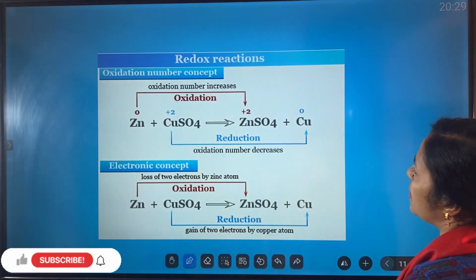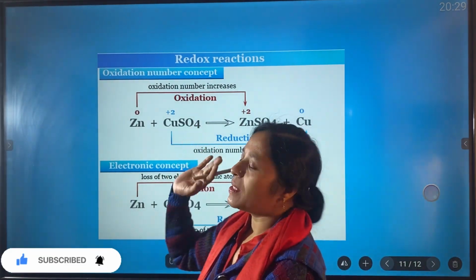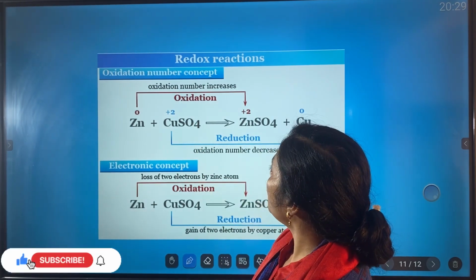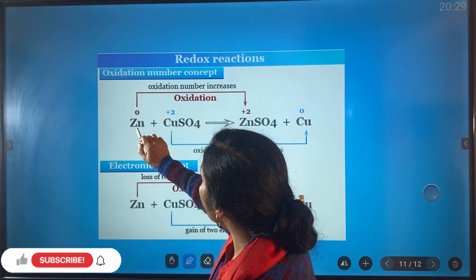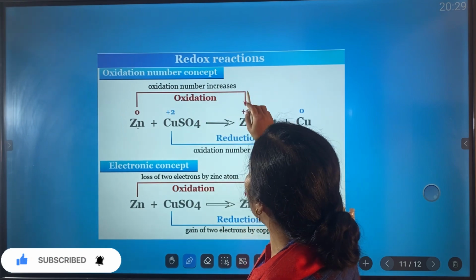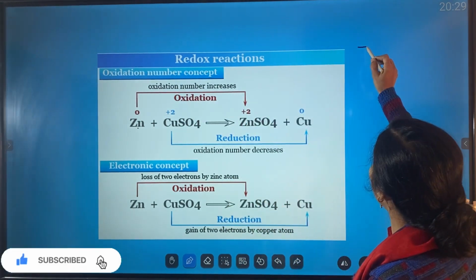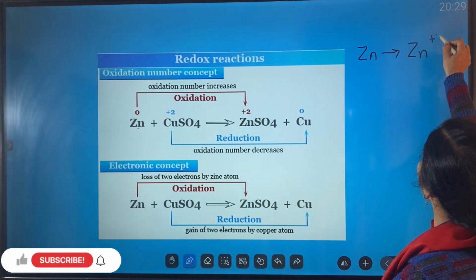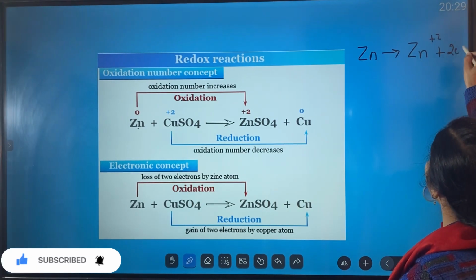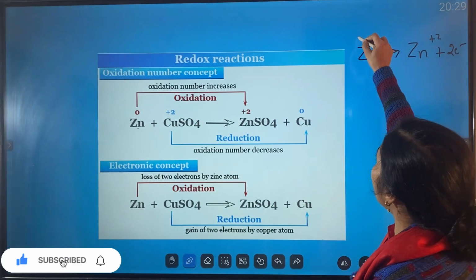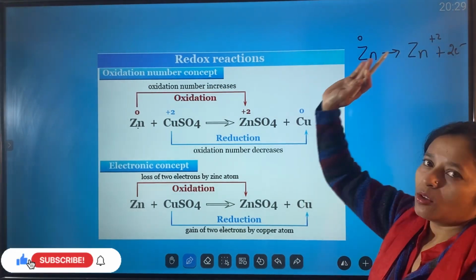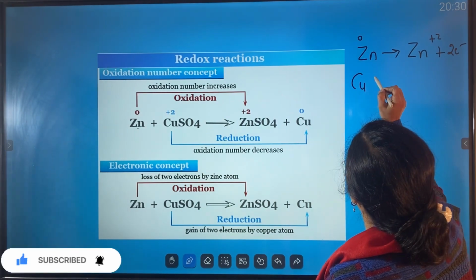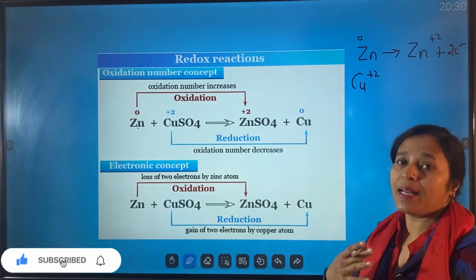सो लेट अस टेक एन एग्जांपल, जिंक प्लस कॉपर सल्फेट. हम जिंक और कॉपर सल्फेट का रिएक्शन कर रहे हैं, तो आप देखिए यहाँ पर जिंक का ऑक्सीडेशन नंबर इधर 0 था और यहाँ क्या हो गया +2. कैसे हुआ? जिंक ने 2 इलेक्ट्रॉन्स रिलीज कर दिए, तो 0 से ऑक्सीडेशन नंबर से इसका +2 हो गया, तो क्या हो रहा है इसका ऑक्सीडेशन. अब क्या होता है, ये कॉपर जो होता है इसके पास 2 इलेक्ट्रॉन की पहले से ही कमी है.